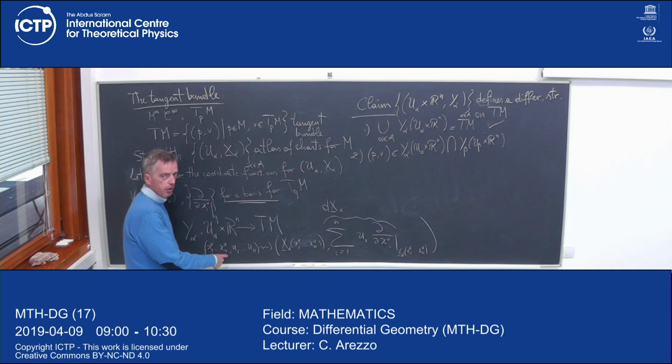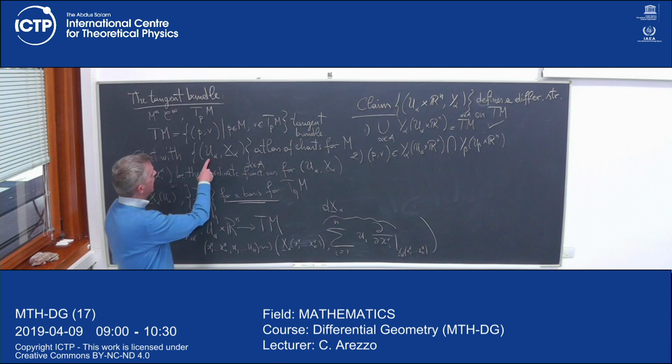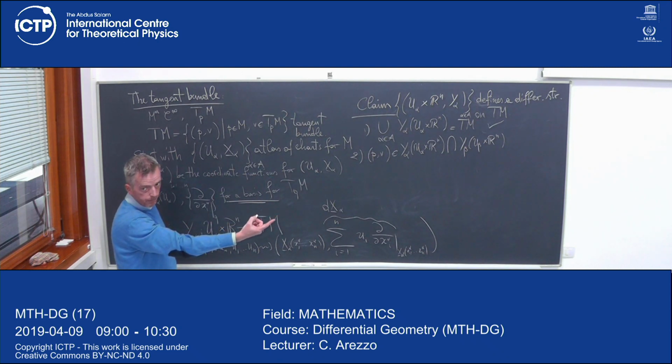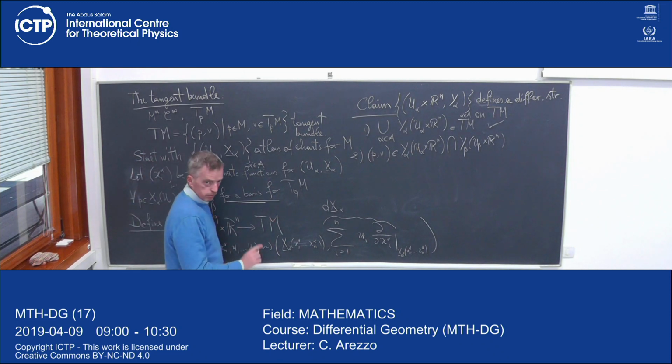So dx will go from where to where? X goes from u alpha, which is a subset of Rn, to m. So dx goes from the tangent space to Rn, which is Rn, to the tangent space of m. Okay.